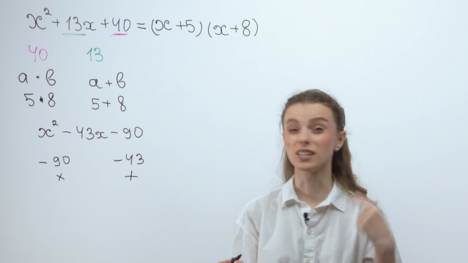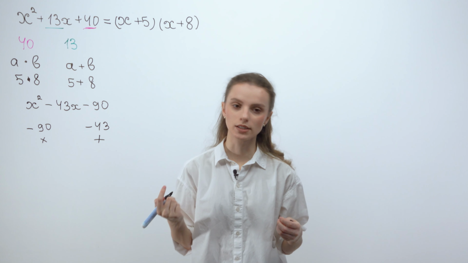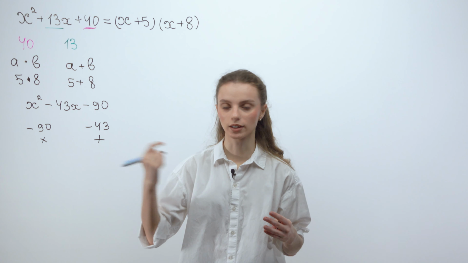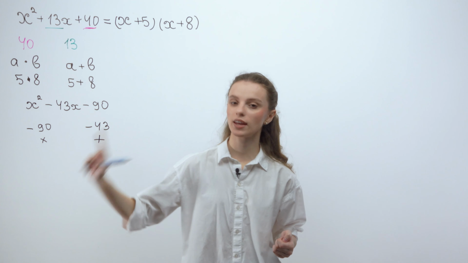So 9 and negative 10 do not really work. Let's see what else. 90 divided by 5, that should be 18. Let's make one of them negative. Negative 18 plus 5 is going to be negative 13. Therefore, negative 18 and 5 do not really work. But I see one here that can work.